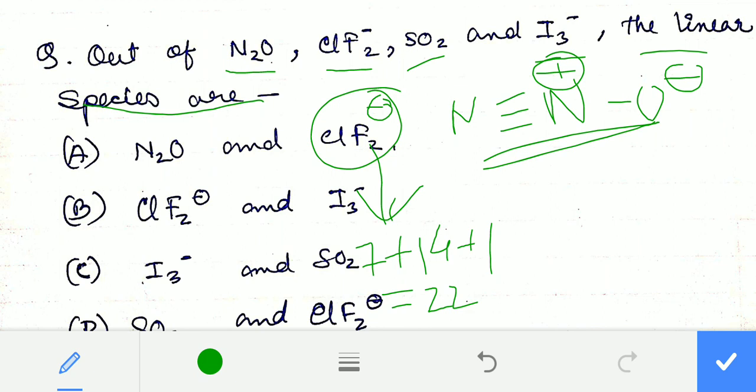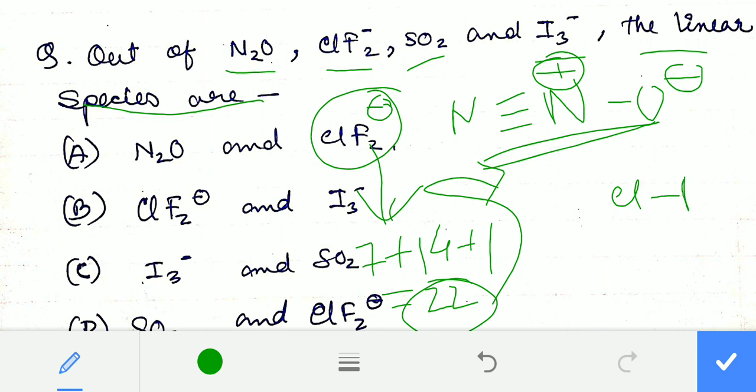So now with the help of total number of valence electron, we can draw the Lewis structure of this compound. Cl will be the central atom because it is less electronegative than fluorine. As it is a rule that the atom with less electronegativity must be the central atom.